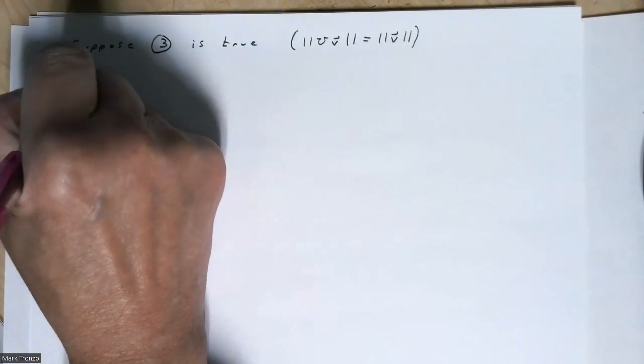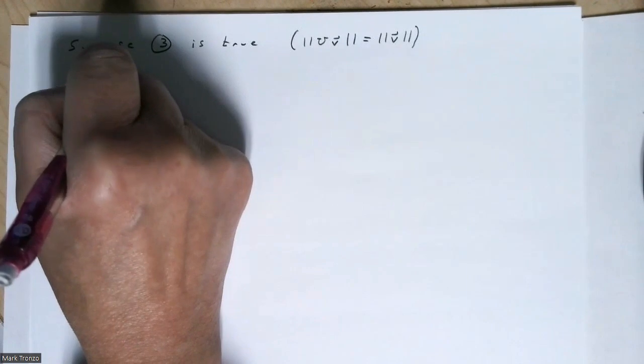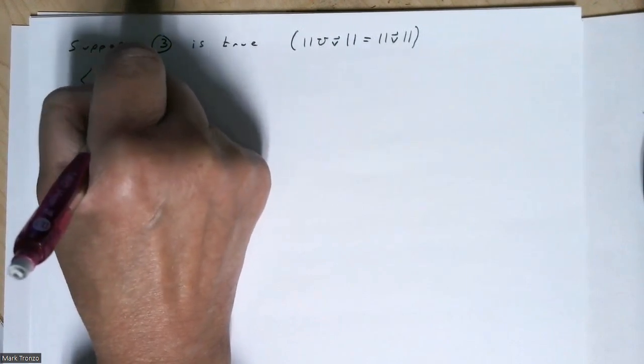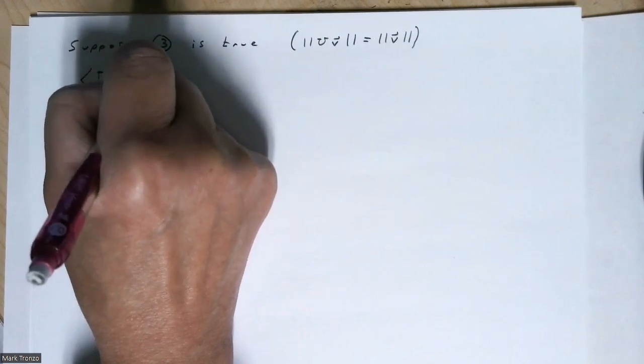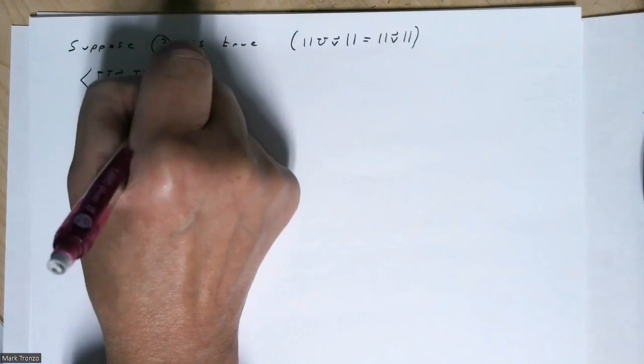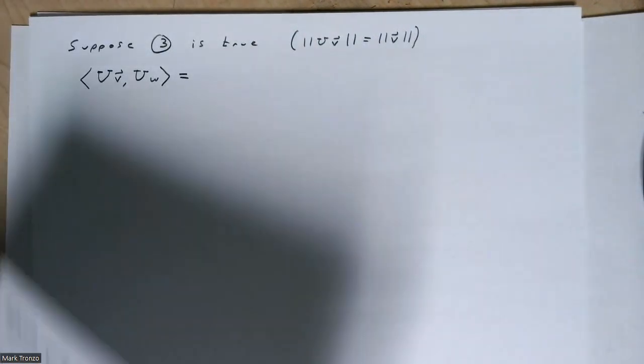So let's start with capital U, V, W. And we're going to use that relationship I showed you a minute ago.